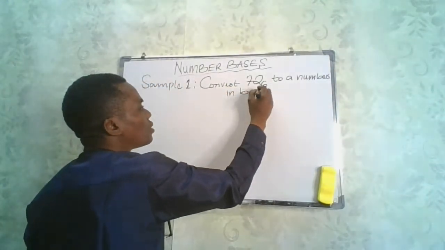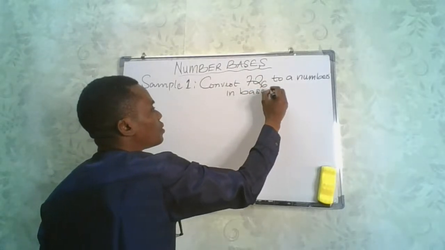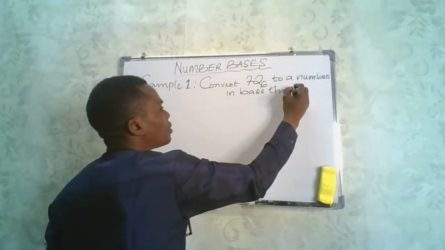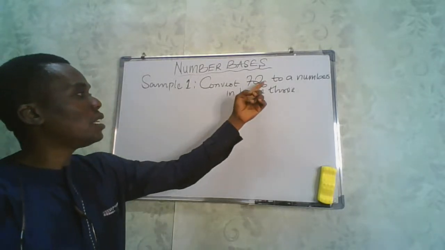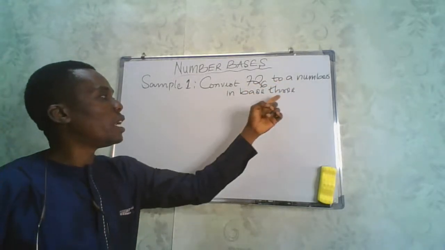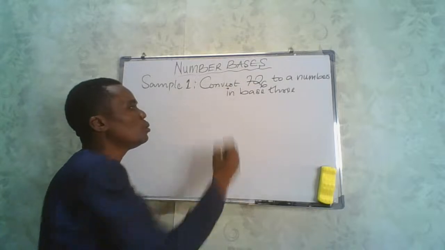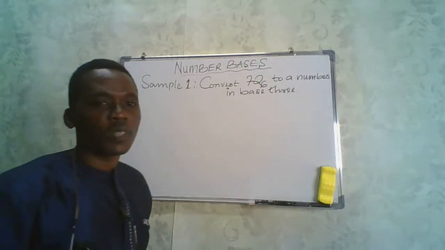In base 3. Now, if you are given this question, you are asked to convert 72 in base 6 to a number in base 3. So how do you solve this question?